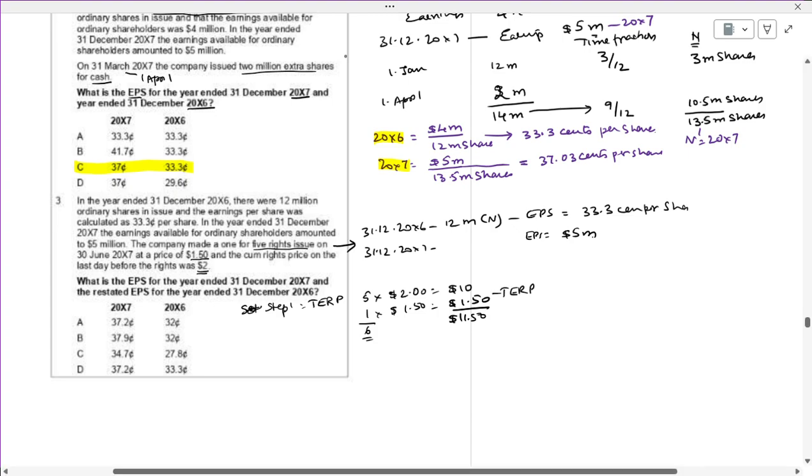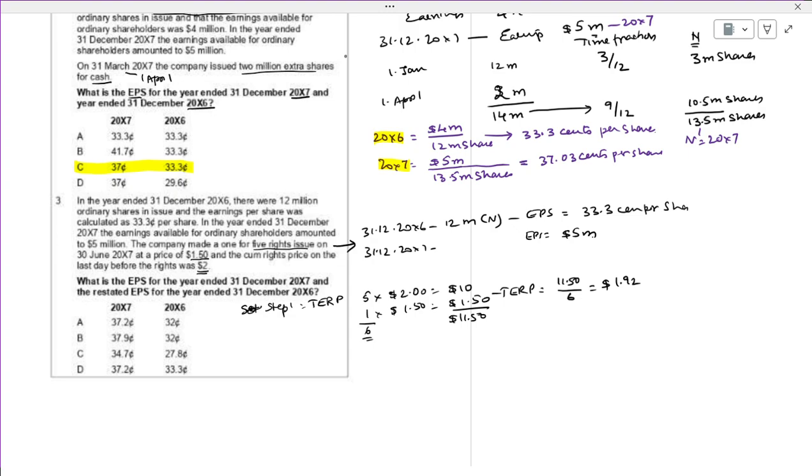Theoretical ex-rights price is 11.50 divided by 6, which is 1.916, or 1.92. You can write either.